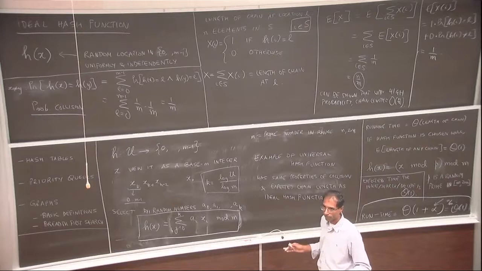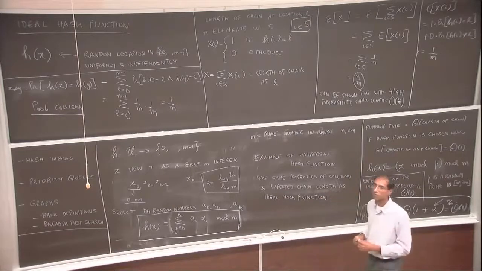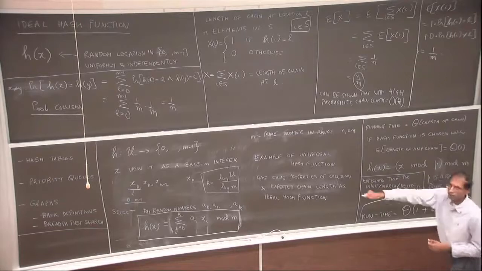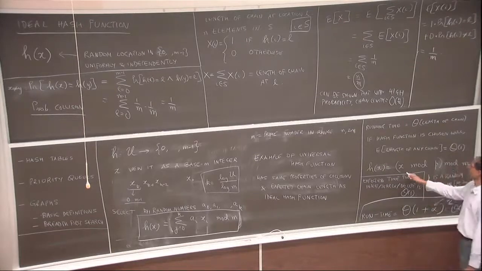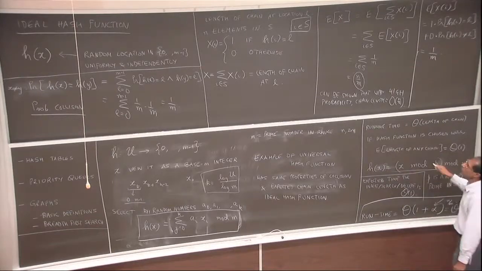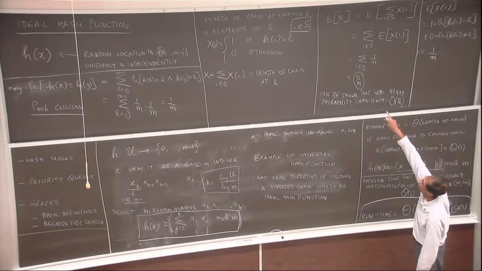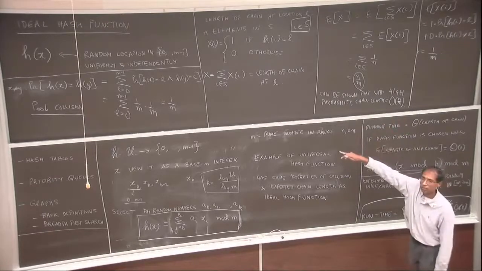Then why is the hash function we discussed before not so good in this case? Between this and this one? Well, for this choice of hash function, we may not be able to prove this bound and that bound very well.